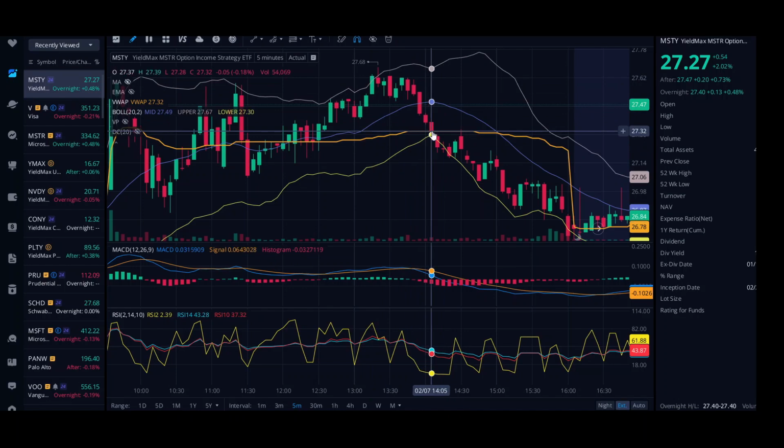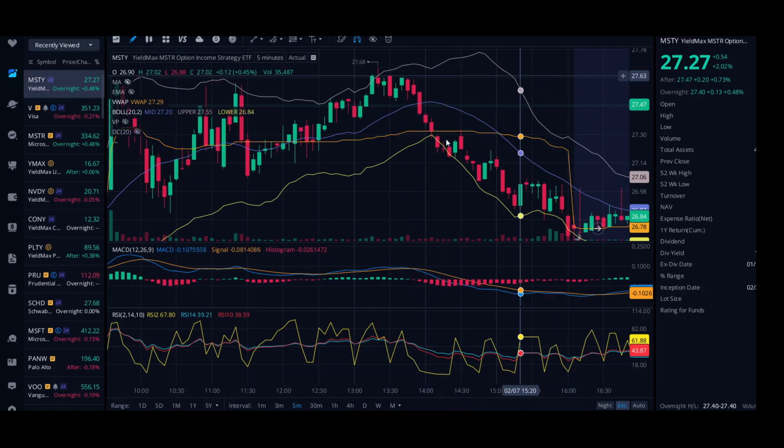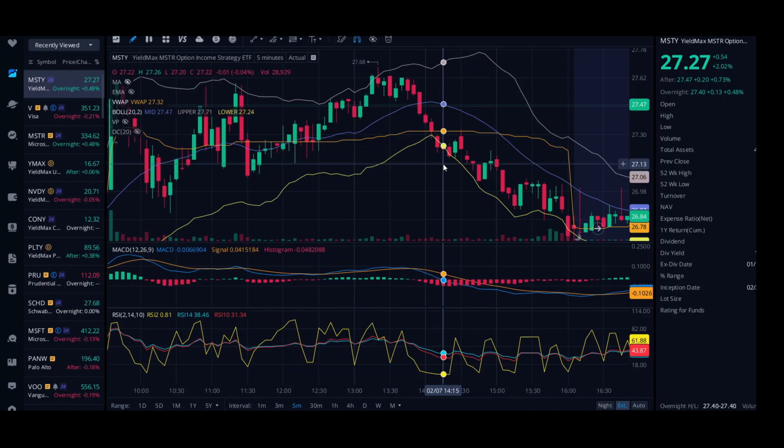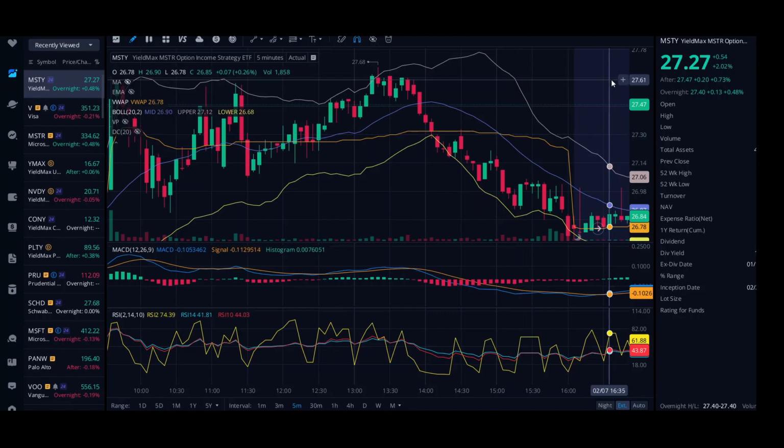I didn't know if it was going to turn around and go back up, so I wanted more, and so I put in a low amount of $25 strike. I'm thinking that if MSTY pays out about a $2 distribution, and it's sitting at $27 roughly, a $2 distribution would take it down to $25.